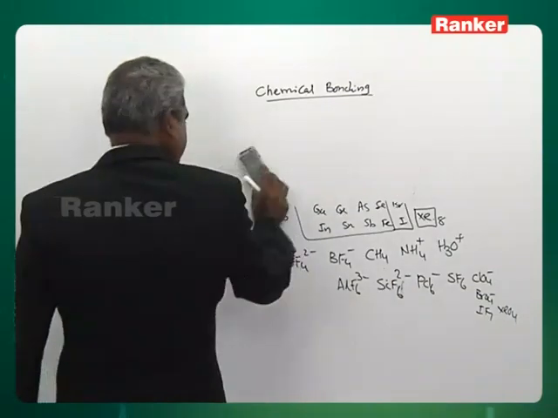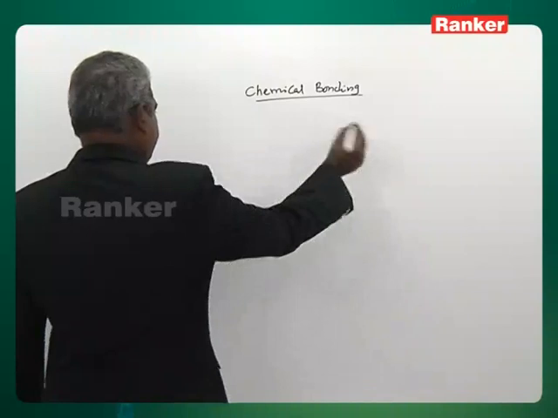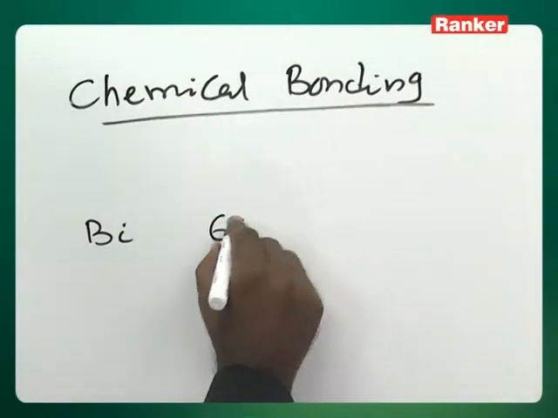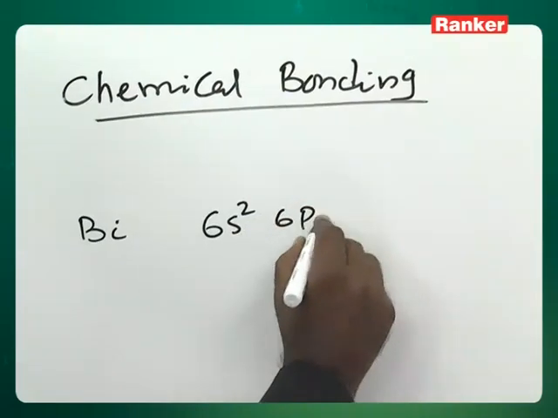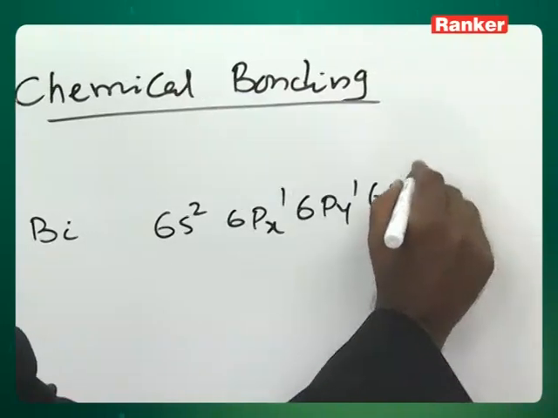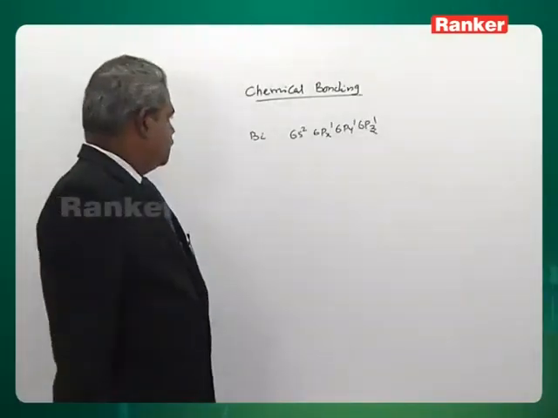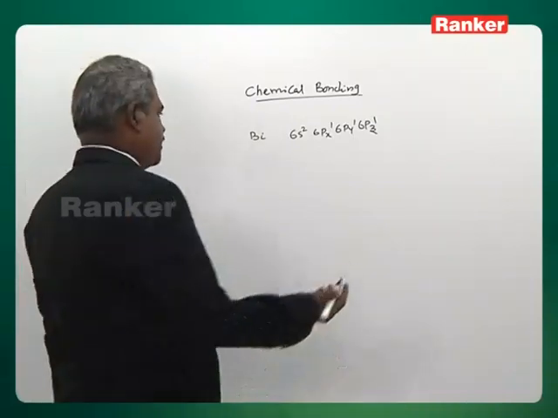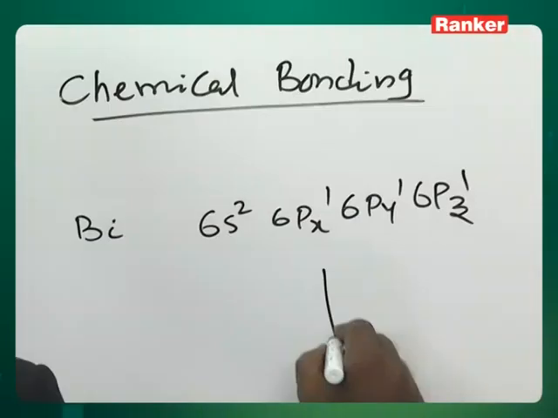Maximum covalency. Look here. Bismuth: 6s2 6px1 6py1 6pz1. What can bismuth do theoretically? It has 3 unpaired electrons.